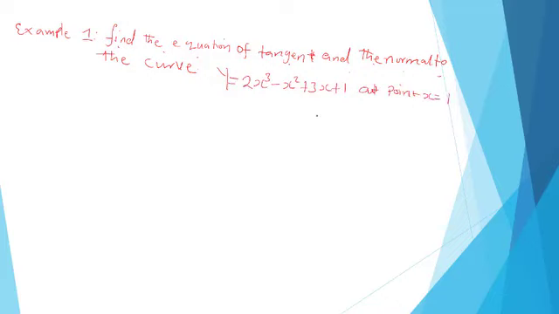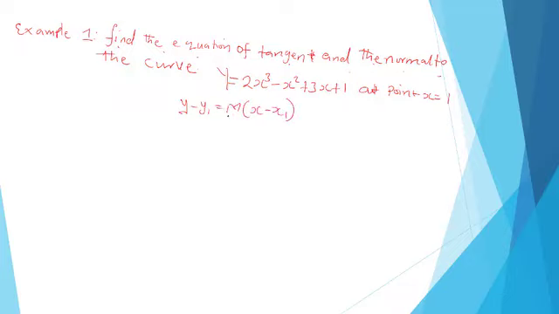Now remember, the equation of the tangent is y minus y1 equals m in bracket x minus x1. This is the equation. Now let's get the value of our m.